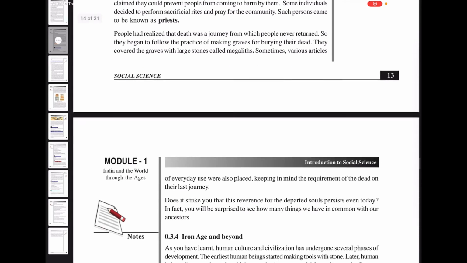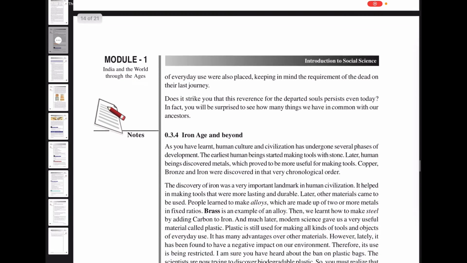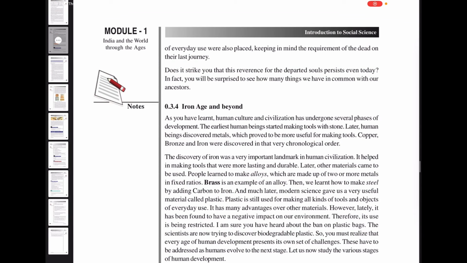Sometimes various articles of everyday use were also placed, keeping in mind the requirements of the dead on their last journey. Does it strike you that this reverence for the departed souls persists even today? In fact, you will be surprised to see how many things we have in common with our ancestors.